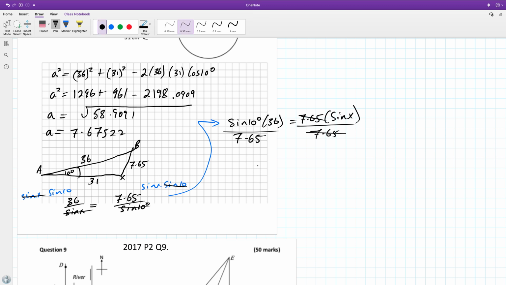Do you get 0.81716? 0.81716 is equal to the sine of x. Shift sine inverse of the answer gives 54.808022, which equals x, which is 55 degrees. Right. What's the problem now?